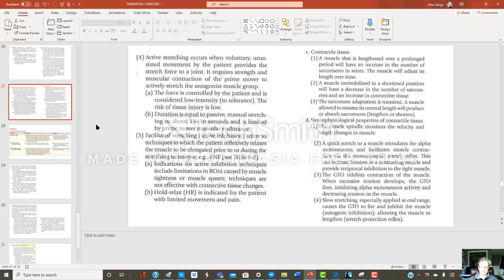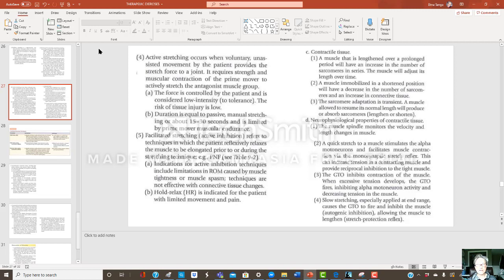Facilitated stretching, active inhibition, refers to techniques in which the patient reflexively relaxes the muscle to be elongated prior to or during the stretching technique. For example, PNF, see Table 9.2.